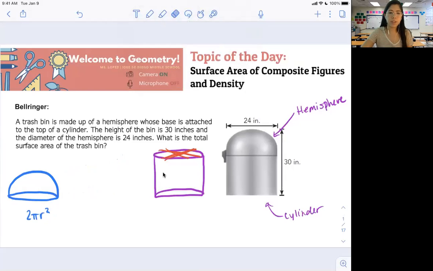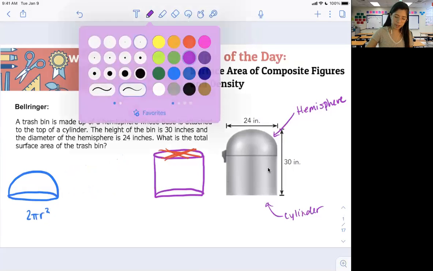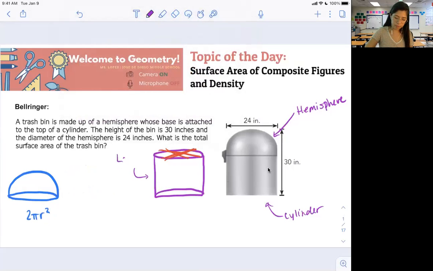Now for the cylinder, we're doing one of the circles plus the lateral area. Remember, lateral area is the side. Lateral area. And then the base of just the bottom, the base area.